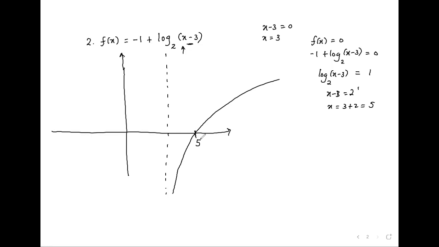Okay, so we got to the third thing. The third one is f of x is equal to the absolute value of x plus 3, minus 4. So we want to sketch again.